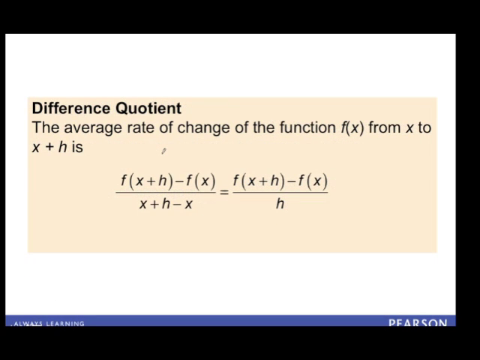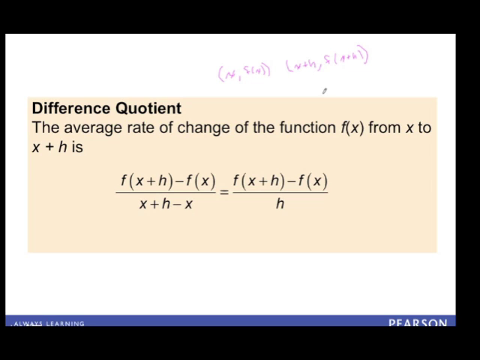Generalizing that average rate of change, we get what's called the difference quotient, and this becomes very important for those of you going on to calculus. So basically our 2 points are x and x plus h. That's the one that's farther. The y value at x is f of x, and the y value at x plus h is f of x plus h.